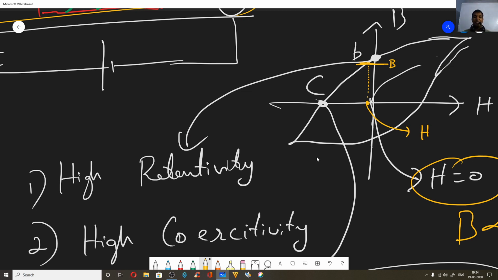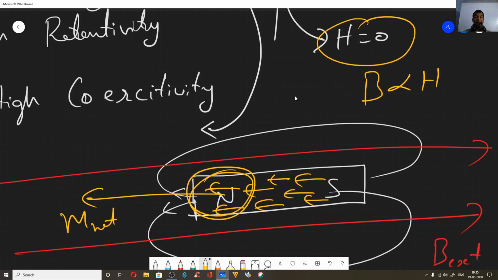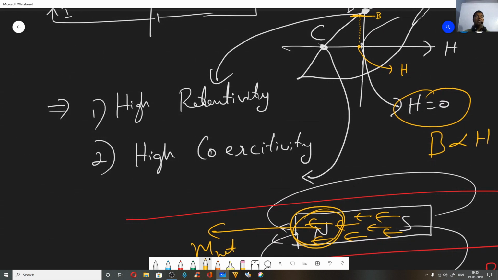And the next thing is, even when you keep it in some space where you have random magnetic fields, those fields must not disturb the magnetic strength of this permanent magnet. So we choose the material for manufacturing permanent magnets to have high retentivity and high coercivity.